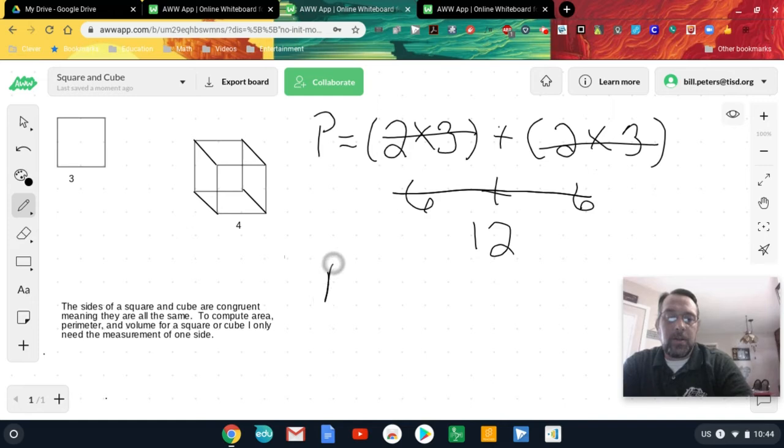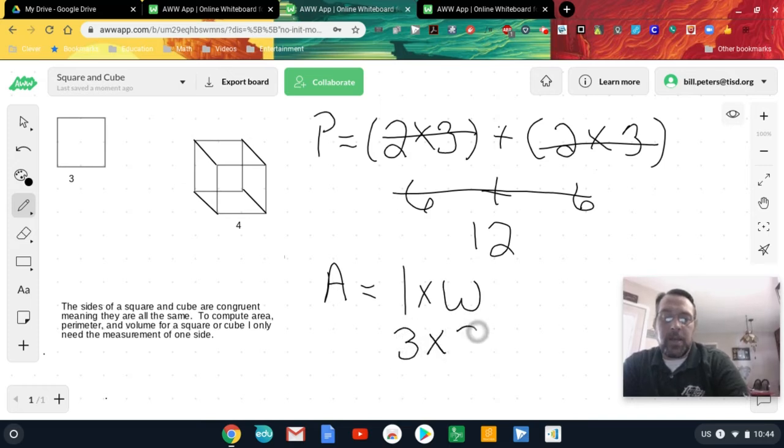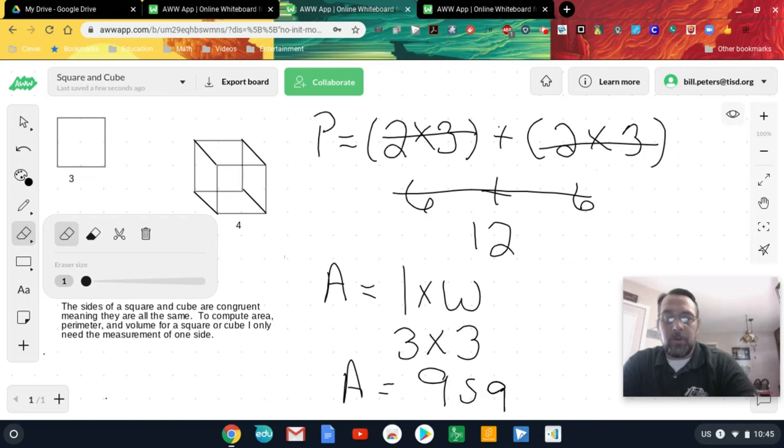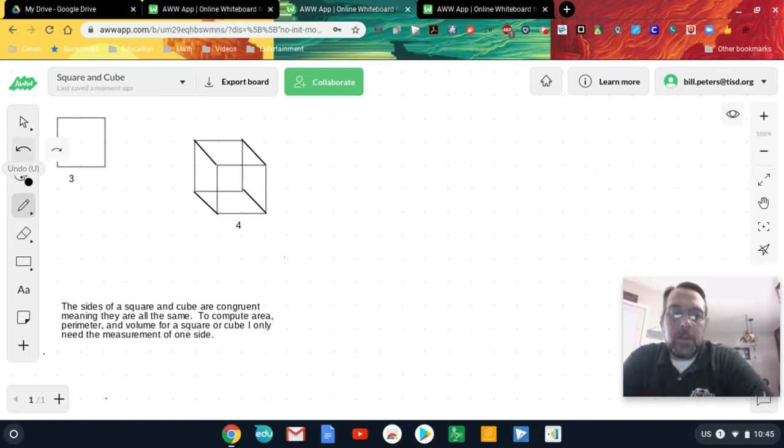Area would be length times width, which would be 3 times 3, which means the area would be 9 square units. Let's get the volume of our cube. Now remember that we said in a cube, all sides are congruent, which means all sides are the same. So I see I have 4.